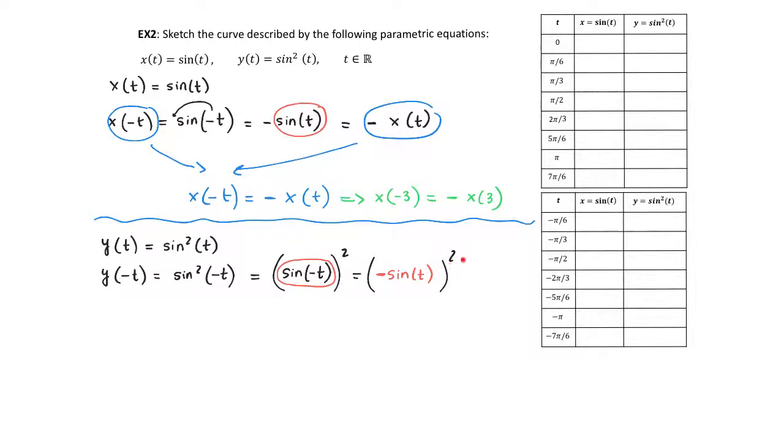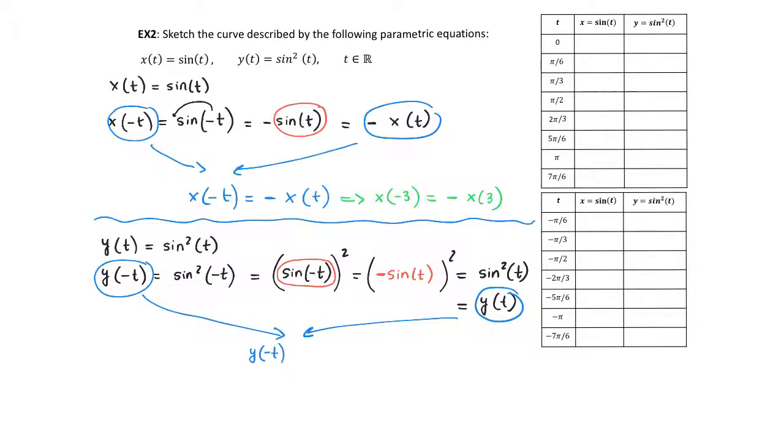But then because I am squaring, this negative is going to disappear. And that is going to give me sine squared of t. So what I notice is that sine squared of t is again y of t. Putting the beginning and the final answer together, we conclude that y of negative t is identical to y of t. How interesting.